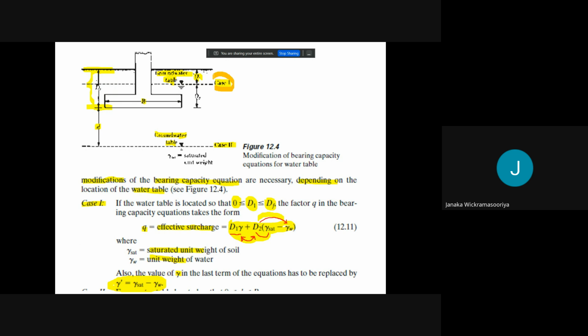What it says here is case 1. This is D1, D2. This is the ground water table. This is Df and simple D. This is also the ground water table for case number 2.